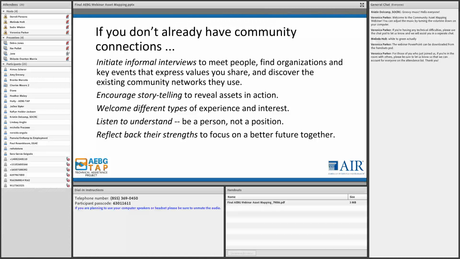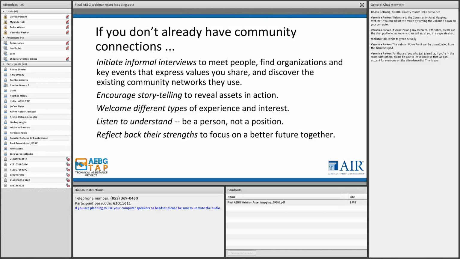I usually start by asking open-ended questions like, what got you interested in adult education? What do you like about what you're doing? Or, this is a good one, is there a challenge that you met in a successful way? And then the more they talk and the better you listen, the more successful this first stage of relationship building will be.